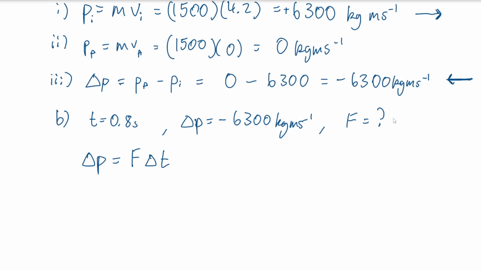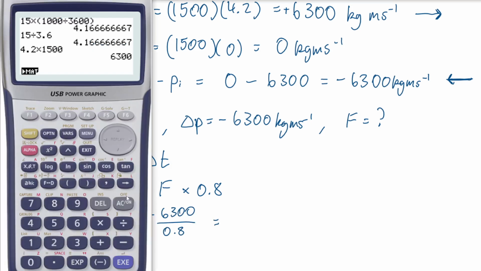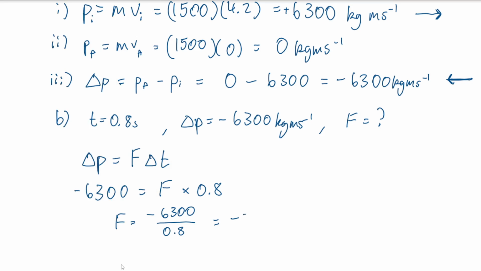And we worked out change in momentum, negative 6,300. The force required for that change in momentum, that's what we're looking for. And the time was 0.8 seconds. So dividing both sides by 0.8, force is negative 6,300 divided by 0.8, giving us negative 7875.